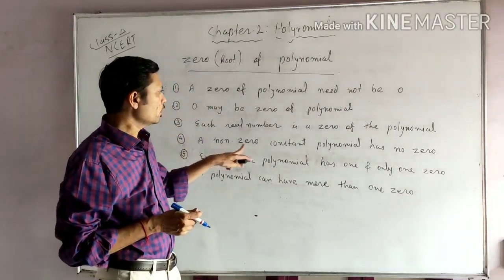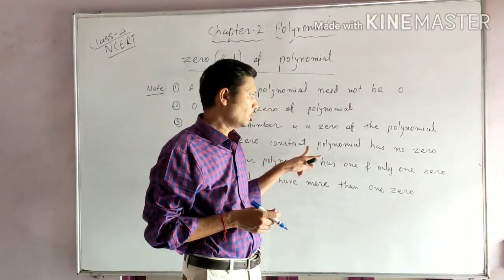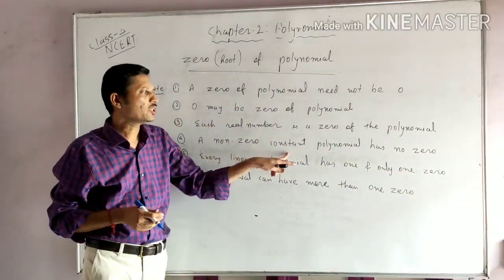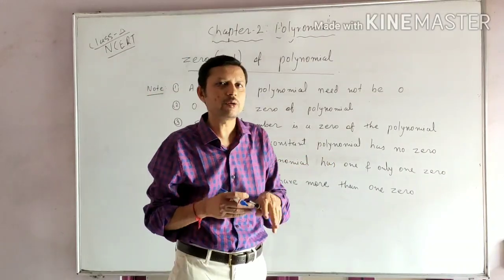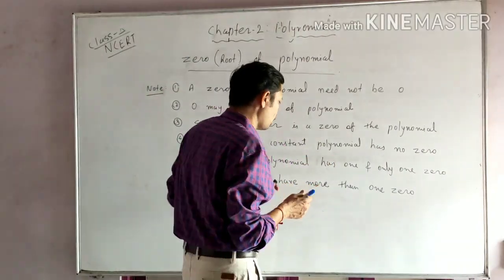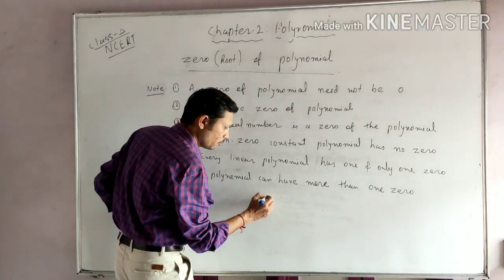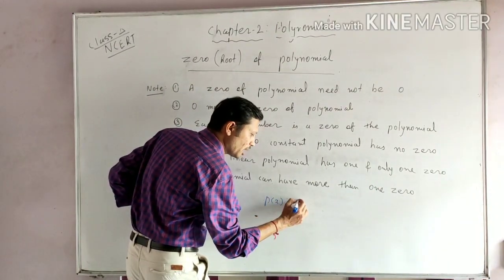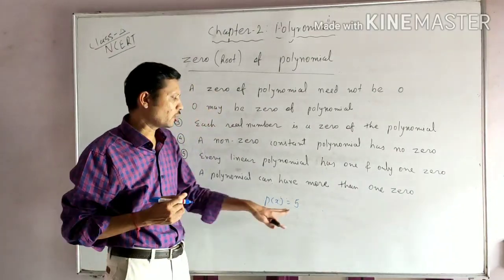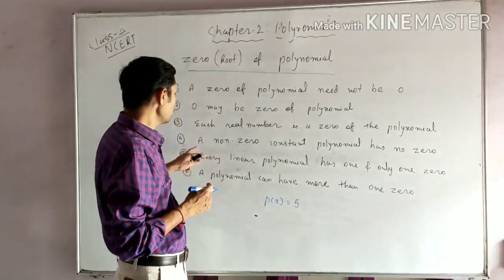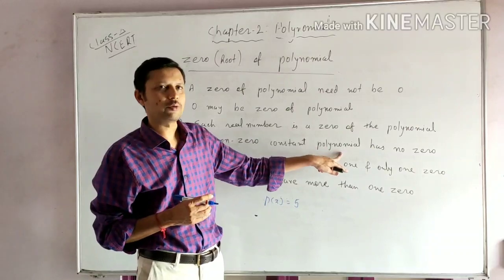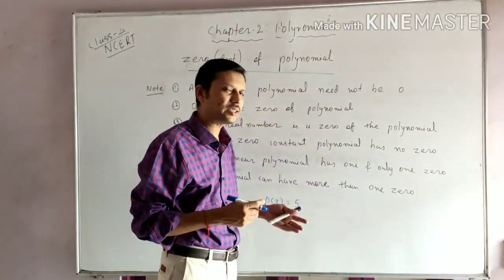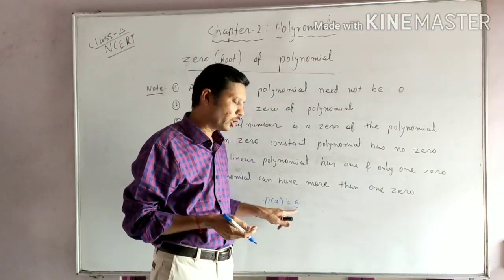Fourth point, a non-zero constant polynomial has no zero, right? Non-zero constant polynomial, constant polynomial we already discussed earlier. Suppose I am taking one polynomial p of x equal to 5. It's a constant polynomial, right? So a non-zero constant polynomial, other than 0, has no zeros. There is no variable x in it.